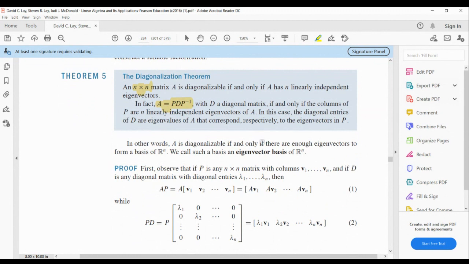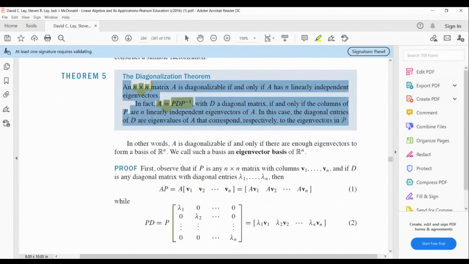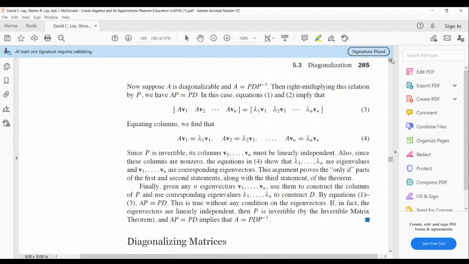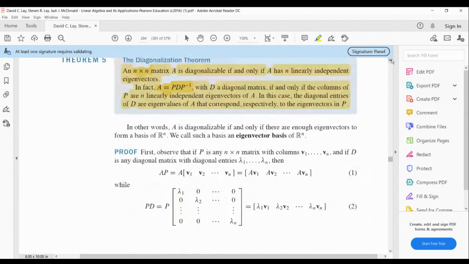So why can this be done? Why is this diagonalization theorem true? Well, let's go ahead and look at their little proof here.